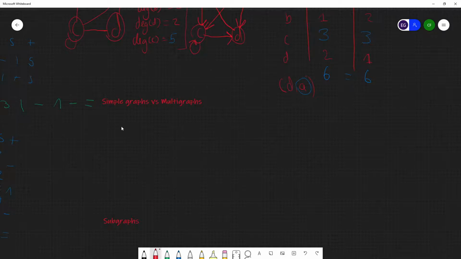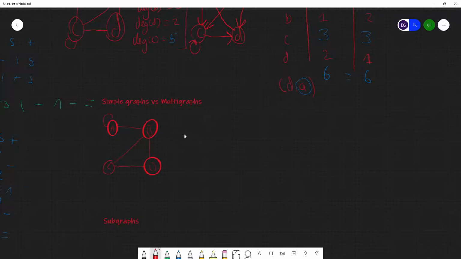So, for example, if we had A, B, C, D, and we had this, I'll go undirected for simplicity's sake, this is a simple graph. If we have this, then this is now a multigraph because we cannot have loops.